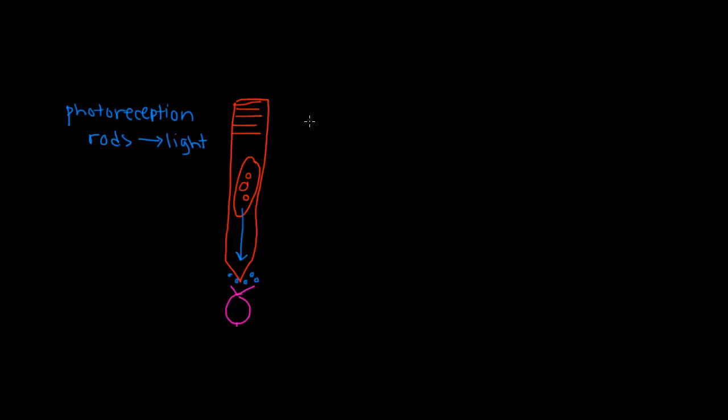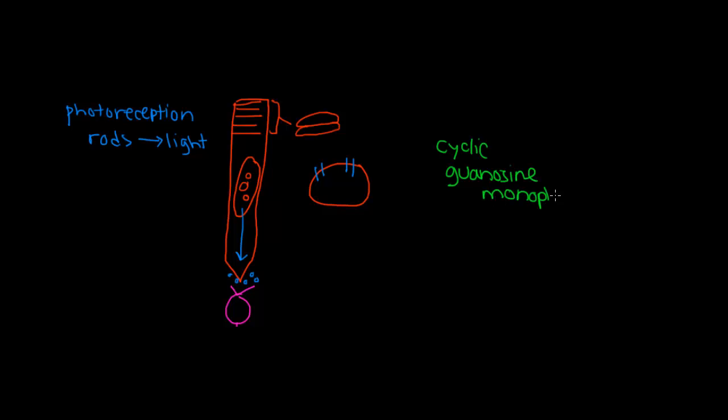Like the neurons of your nervous system, the plasma membrane of the rod contains chemically gated sodium ion channels. These are located in the plasma membranes of those membranous discs, which are stacked like this in the outer segment. In these discs, the chemically gated sodium channels are kept open through the presence of cyclic guanosine monophosphate.